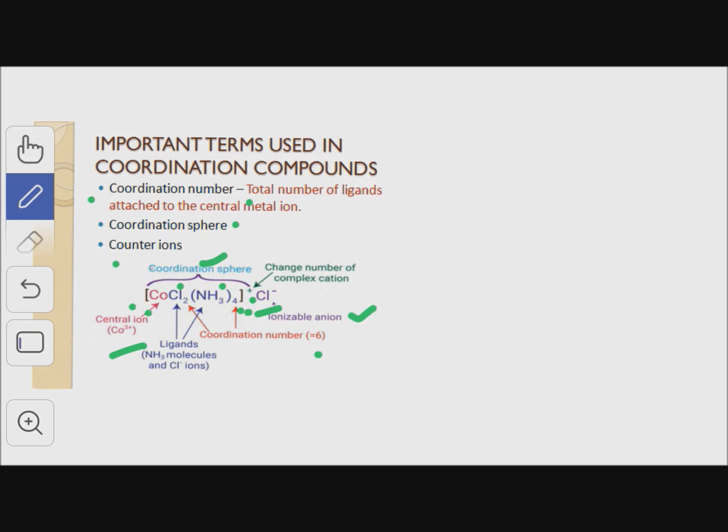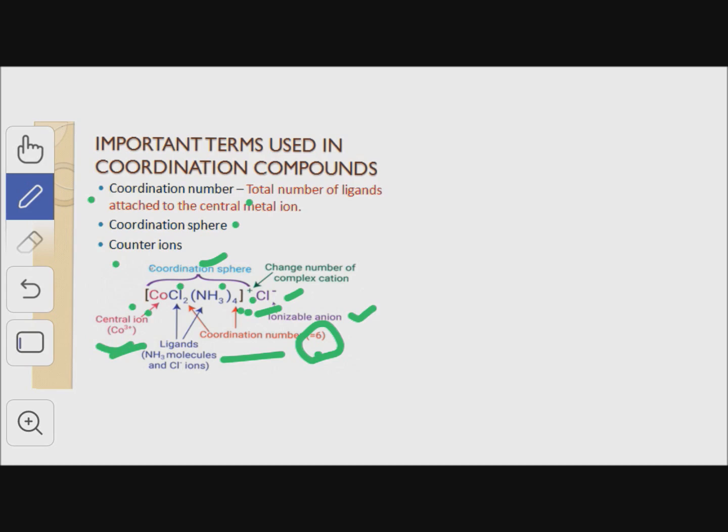Four plus 2, 6. Hence the coordination number is 6. And there is only one counter ion, that is Cl negative. And the oxidation number of cobalt is 3 positive.